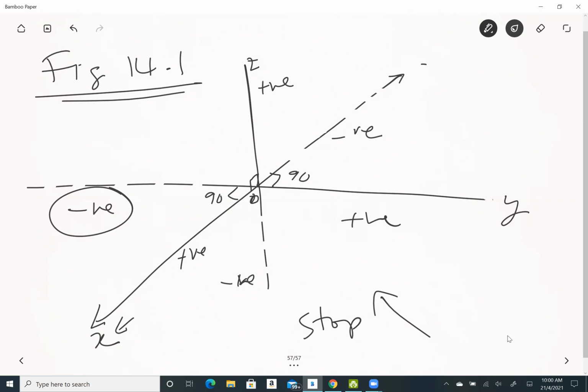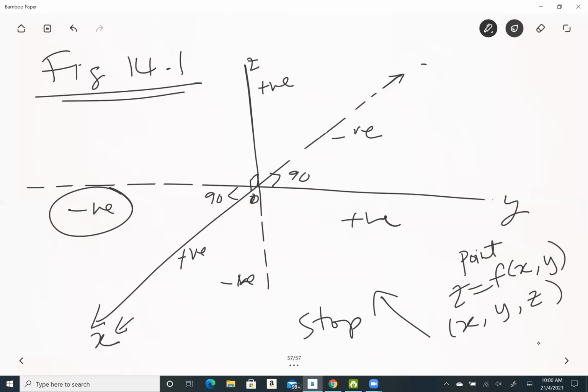Now, how do you locate a point? So secondly, you want to identify a point. Now, since you have the function z as a function of x and y, the point would be indicated by x, y, z. So that is the ordered pair. Now it's not ordered pair, it's ordered triple. It's not pair anymore, it's a triple.